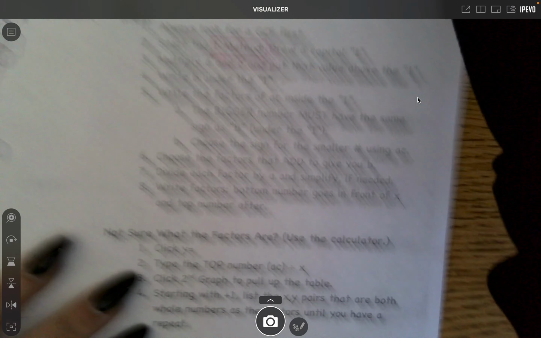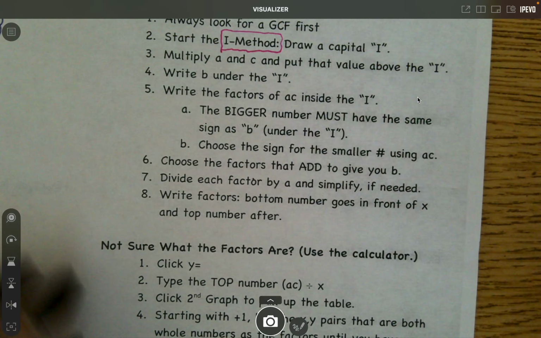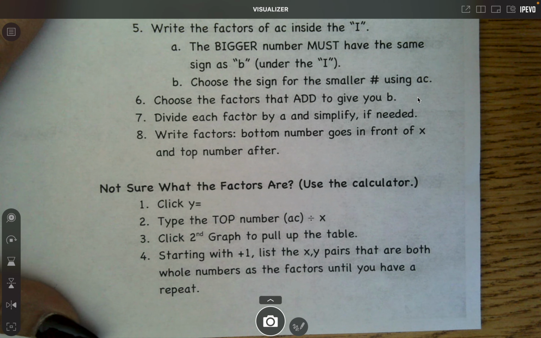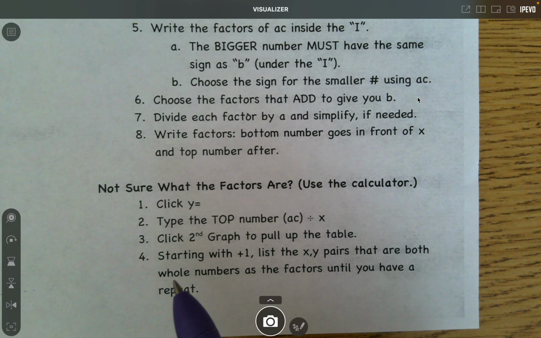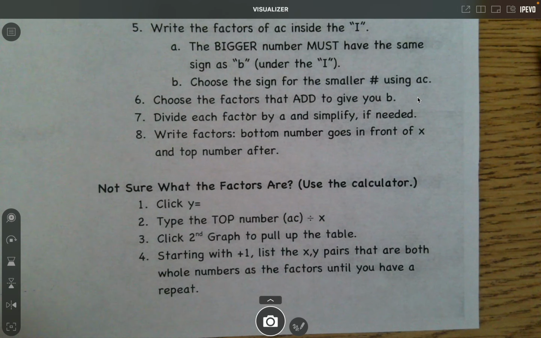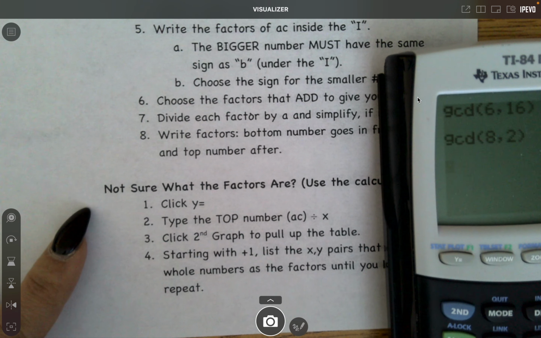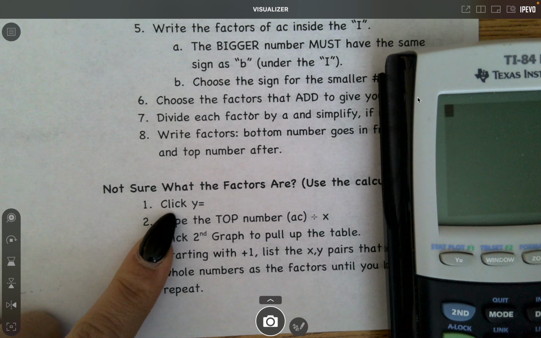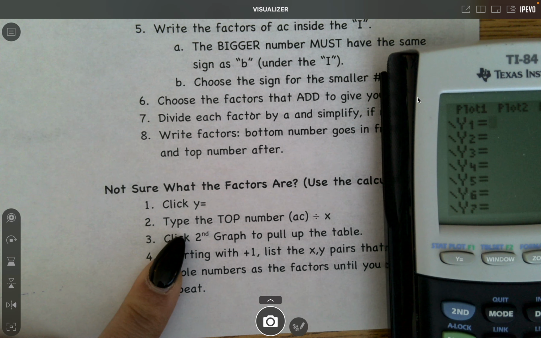There's a trick over here that talks about how to get your factors with your calculator, which we're going to go over inside the class. I haven't done it yet, but we can practice it in the classroom all together. It says click on y equal. Type the top number AC divided by x.